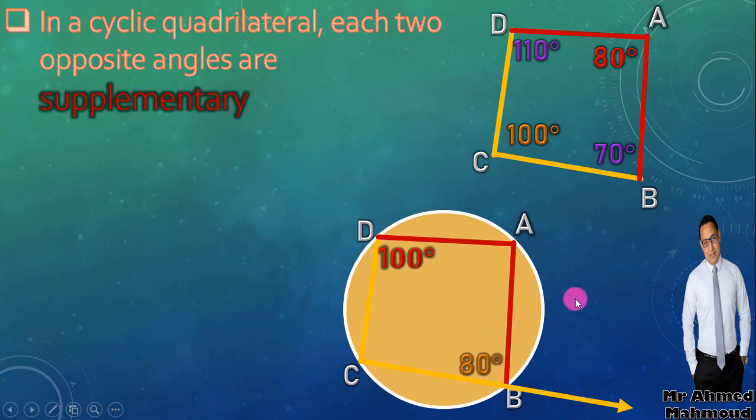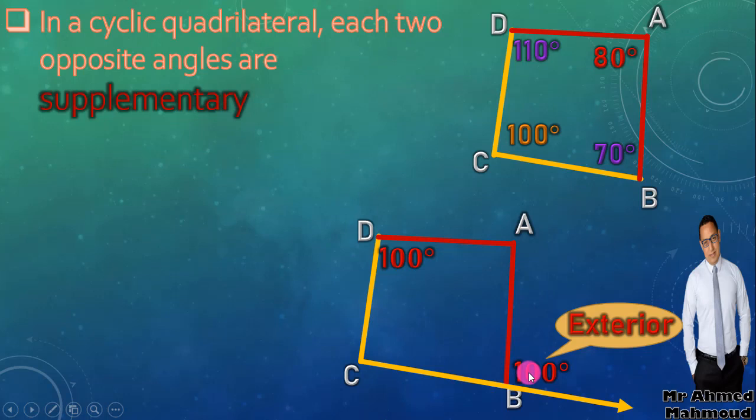Now if we have a cyclic quadrilateral and this side is extended outside the quadrilateral, here we have opposite angles whose sum is 180. If I need to find this angle, which is called the exterior angle, the exterior angle is supplementary to the angle adjacent to it, so it equals 180 minus 80 equals 100 degrees.